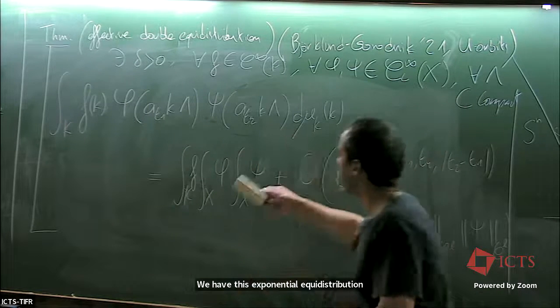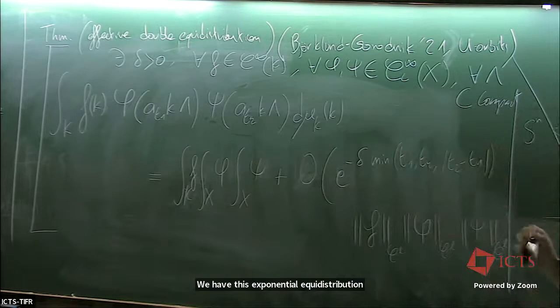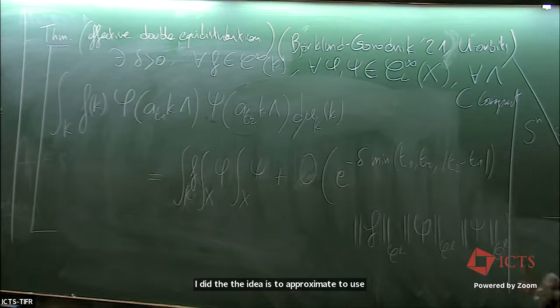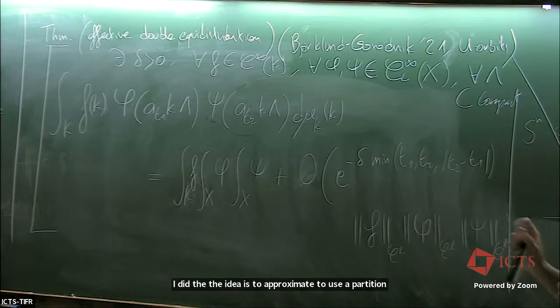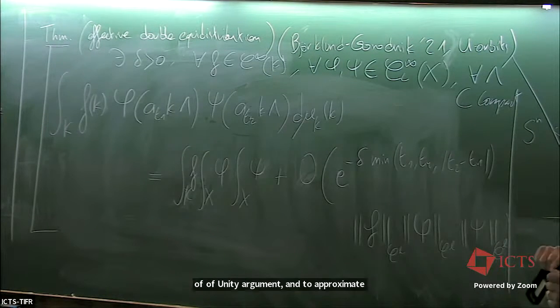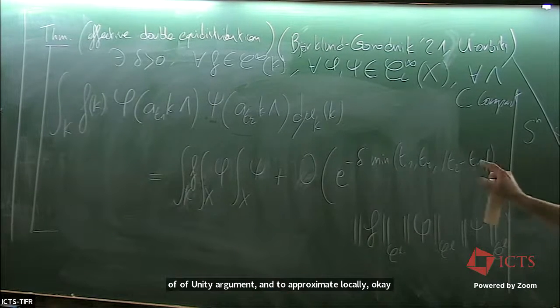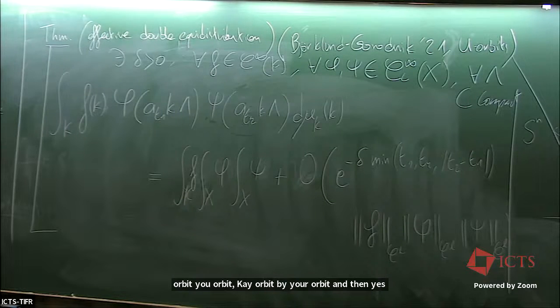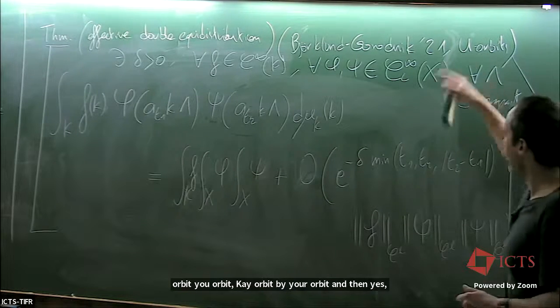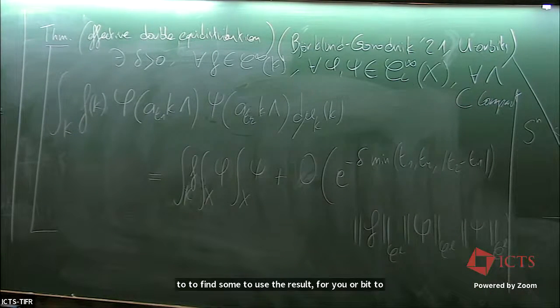The idea is to use a partition of unity argument and to approximate locally the K orbit by a U orbit, and to use the result for U orbits to derive the same for K orbits.